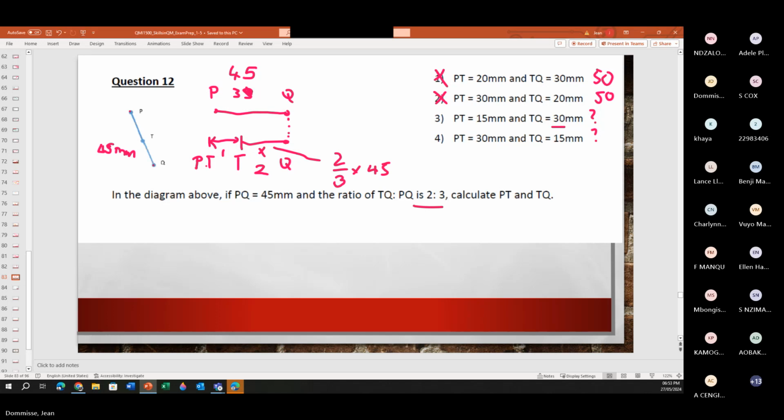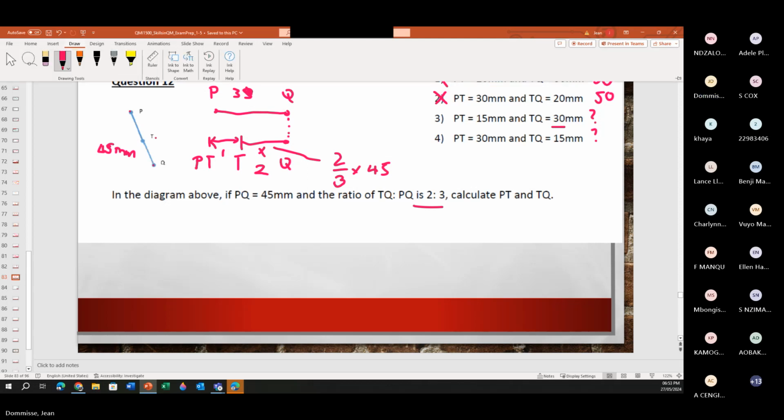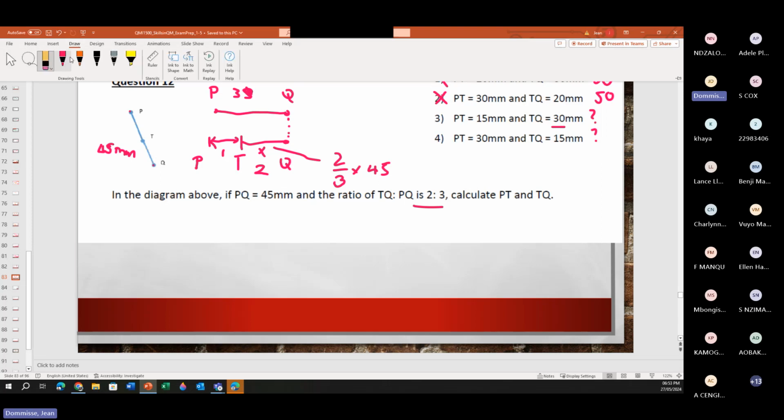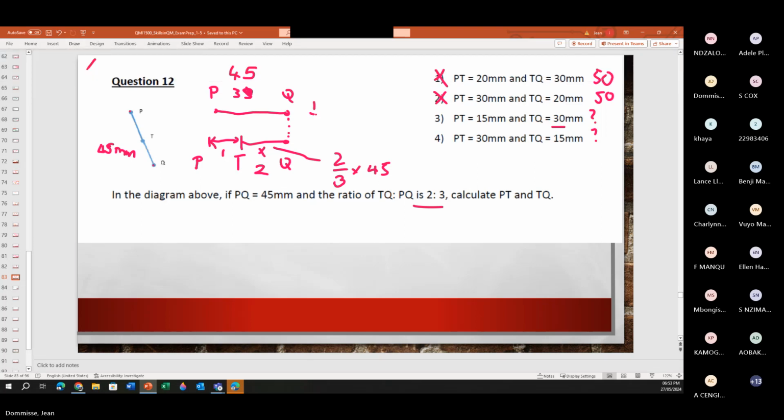Then PT, don't know why we don't do that. PT is 1, so 1 divided by 3 times 45 is 15.